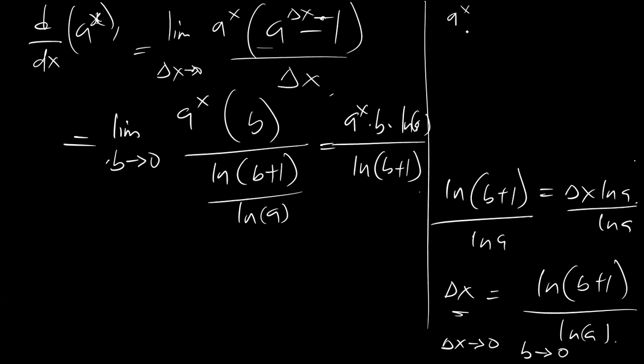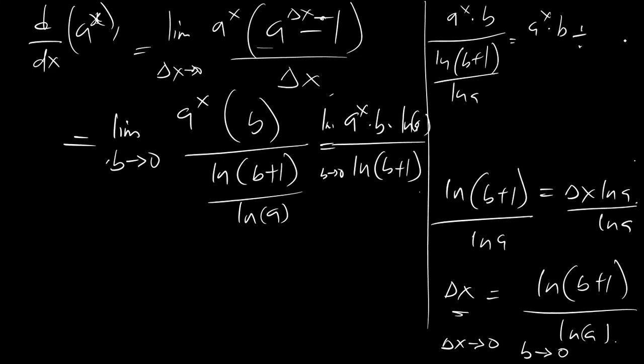A raised to power x, and the limit is supposed to still be there, limit as b tends to 0. So now delta x over delta x times b divided by ln b plus 1 all over ln a. This is the same thing as a raised to power x times b divided by ln b plus 1 all over ln a.